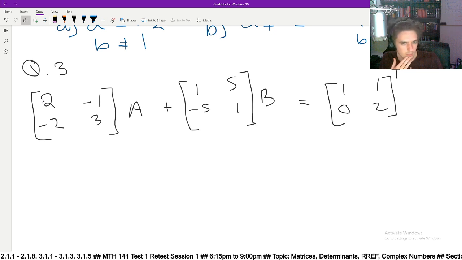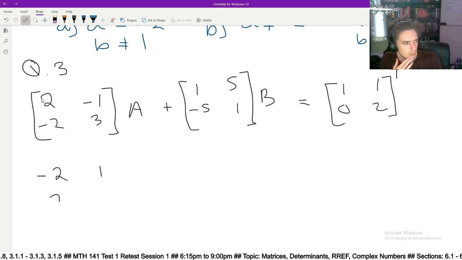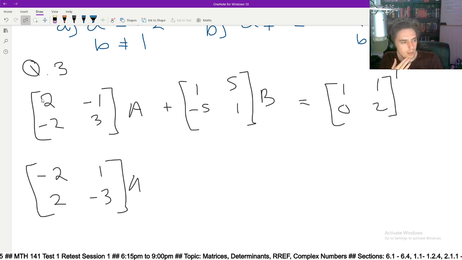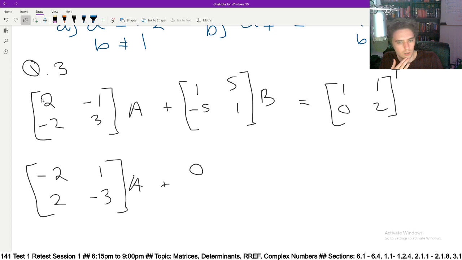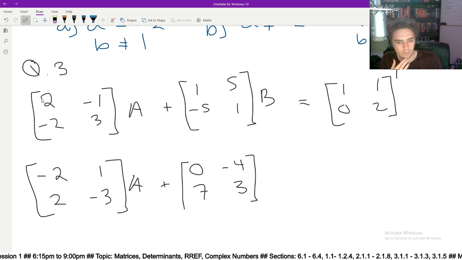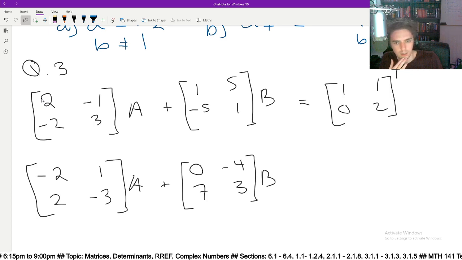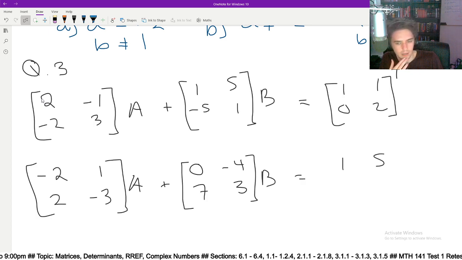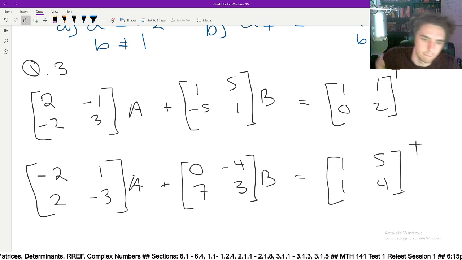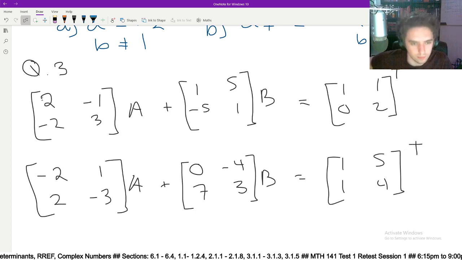And so it gives us a small system. So [2, 1; 2, -3] A plus [0, -4; 7, 3] B equals [1, 5; 1, 4] transposed. Okay, so solve for A and B.